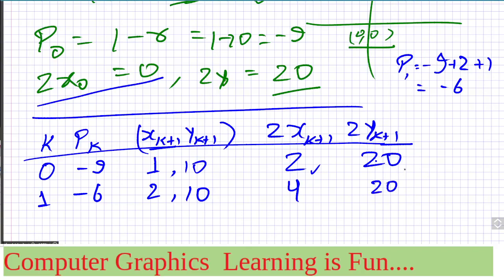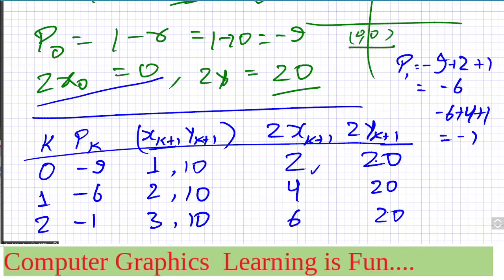Okay. Now again, now it is 2. What we will do for pk? Minus 6 and plus 4, plus 1. Minus 6 plus 4 plus 1, which is minus 1. Here again it is negative, so x will increase by 2 and y will remain as it is, because y is not changing here.